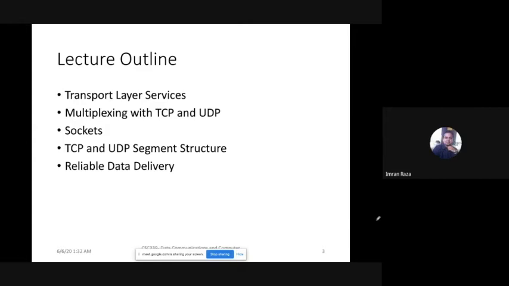We'll talk about reliable data delivery protocols, and we'll also talk about how TCP's reliable data delivery protocol mechanism works.